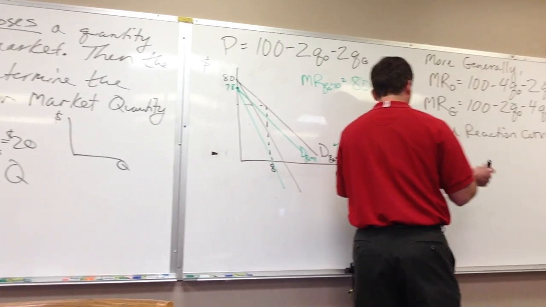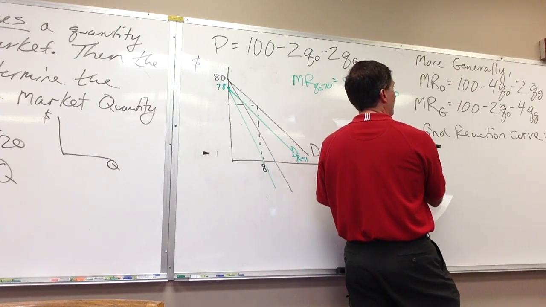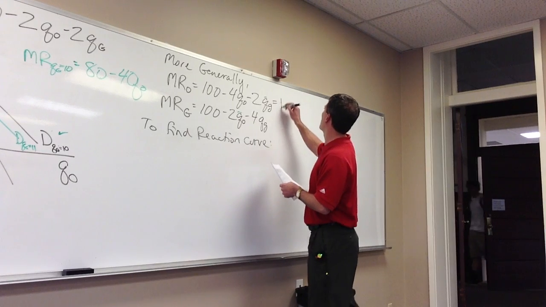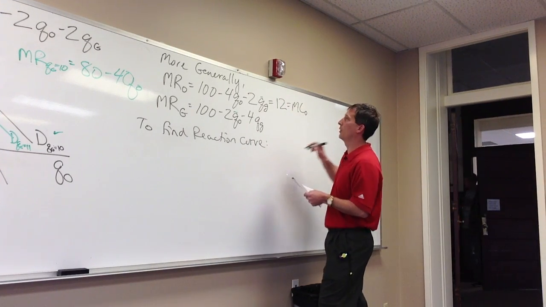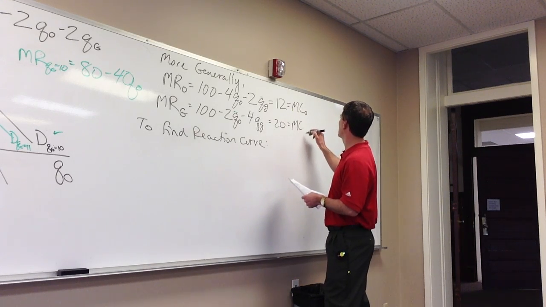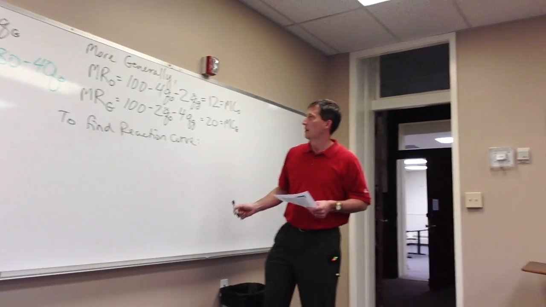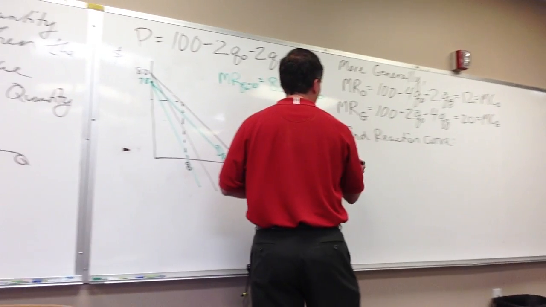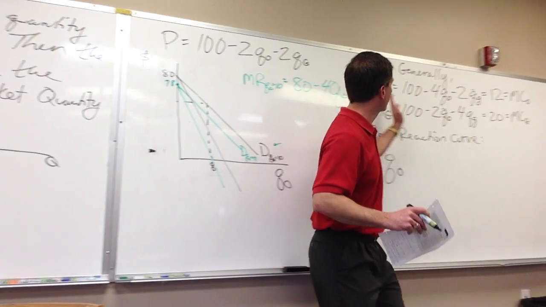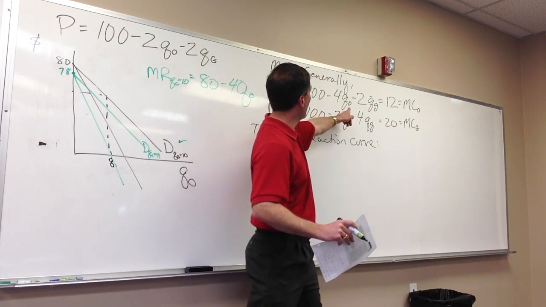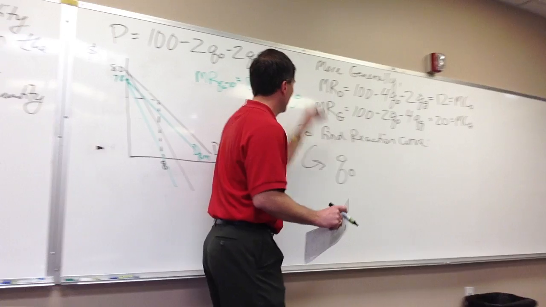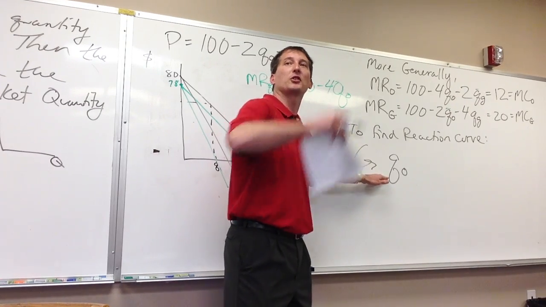And when you do it, in fact, I'm just going to add on to this up here to show you generically. These guys were 12, which is marginal cost for Oil Pro, and 20 for marginal cost for Grease Tech. What I want you to solve for then is the quantities for each one. If you step back from the mess, you've just got some numbers and you've got the quantities. So if we're looking for Oil Pro's reaction curve, it's a function of what Grease Tech does.